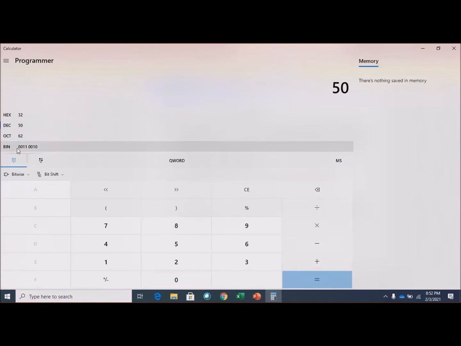If we look over here, we'll notice something called binary, and it shows just a bunch of ones and zeros. There are a series of 8 zeros or ones. So this would be 8 bits, and it would be called a byte.